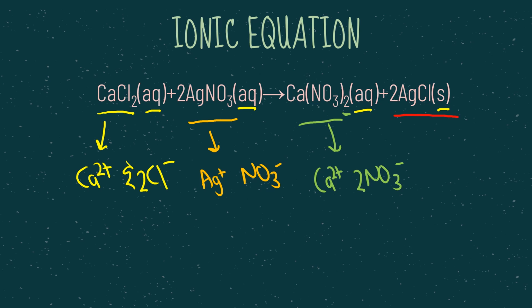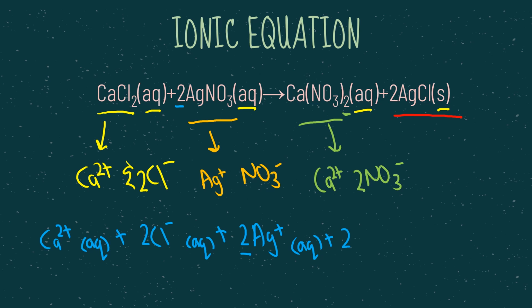Lastly, for silver chloride, since it's in the solid state, we do not need to break it down into its dissociated ions. Once we have written everything down in its dissociated ions, we can rewrite the entire equation. This equation can be rewritten as Ca2+(aq) + 2Cl-(aq) + 2Ag+(aq). This 2 comes from the 2 in front of the whole silver nitrate compound, so we also have to place a 2 in front of NO3-.